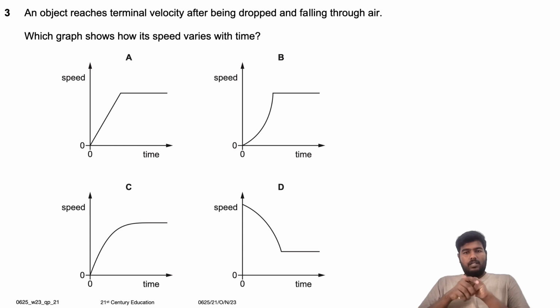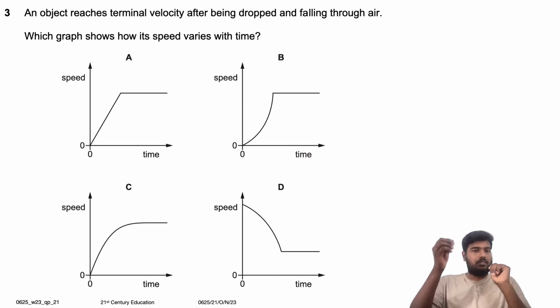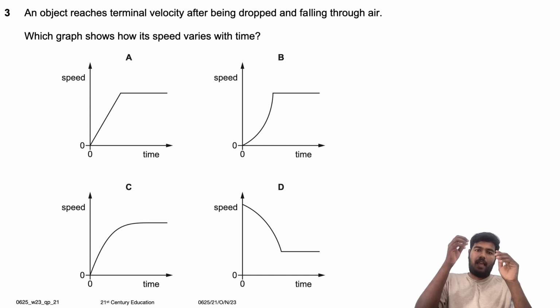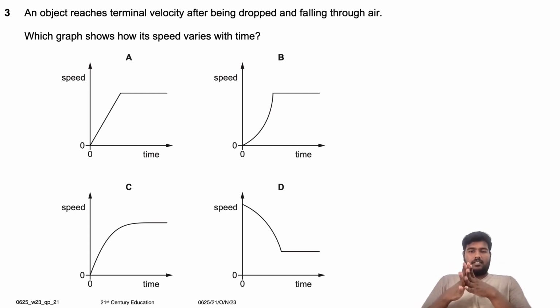Let us try to understand how terminal velocity works. Initially, a ball or whatever object is dropped from free fall. It will be accelerated with constant acceleration due to gravity, so its velocity will increase up to a certain point.